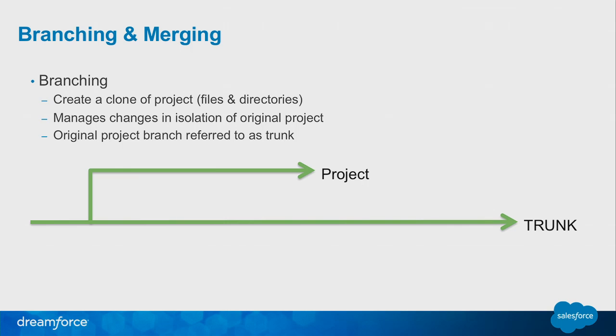And again, it creates some extra metadata so it can track the source of where it came from, and it'll be able to manage changes that are done on the branch or on the source repository in isolation. And because we're using Subversion or SVN, we always refer to our main source or our origin repository as trunk.